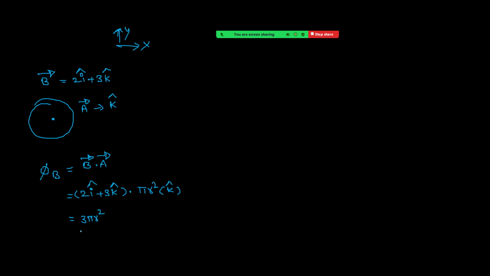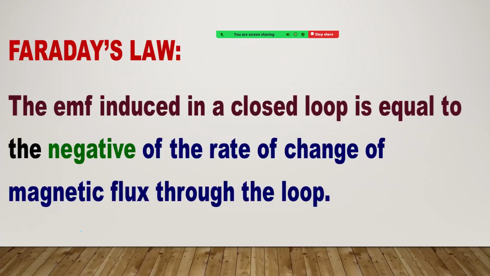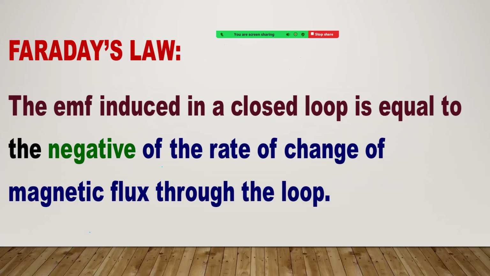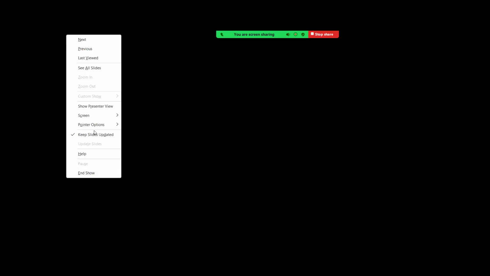Let us see now the next concept. It is Faraday's law. Let us see what it is. So coming to Faraday's law, which is based on experiments, I'm taking here one coil.